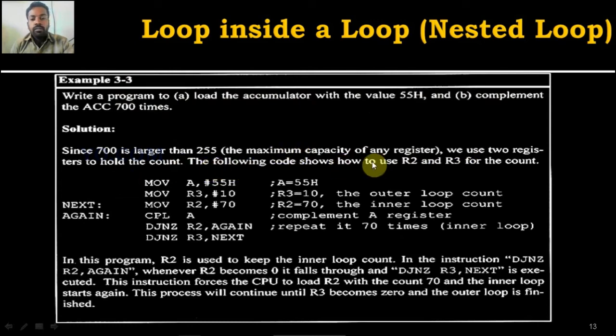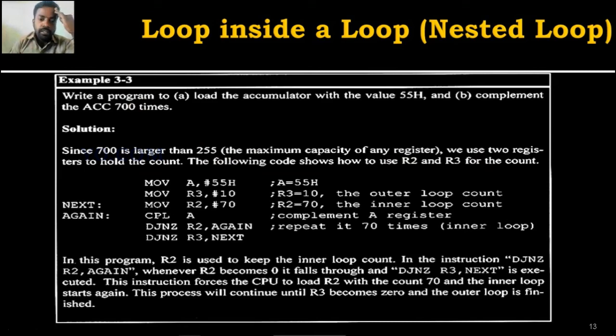The following code will show how to use R2 and R3 for the count. Actually the maximum data we can use is 255, but here the count value is 700, so we have to use 2 loops. One is 70, another one is 10. So 70 times 10 equals 700.